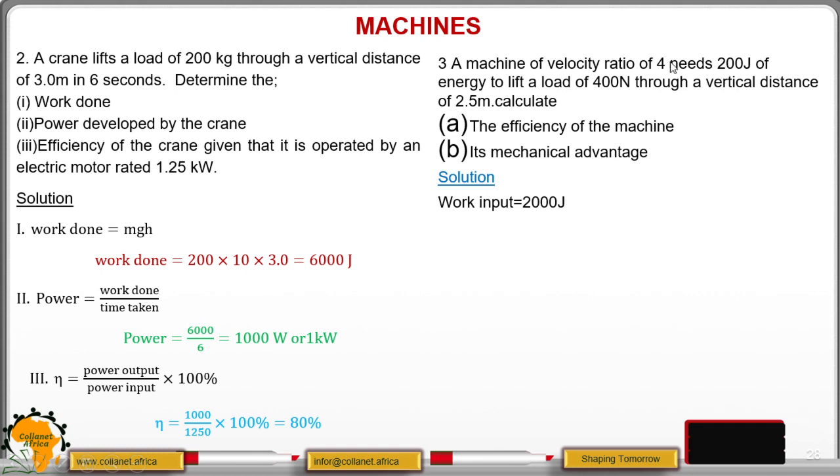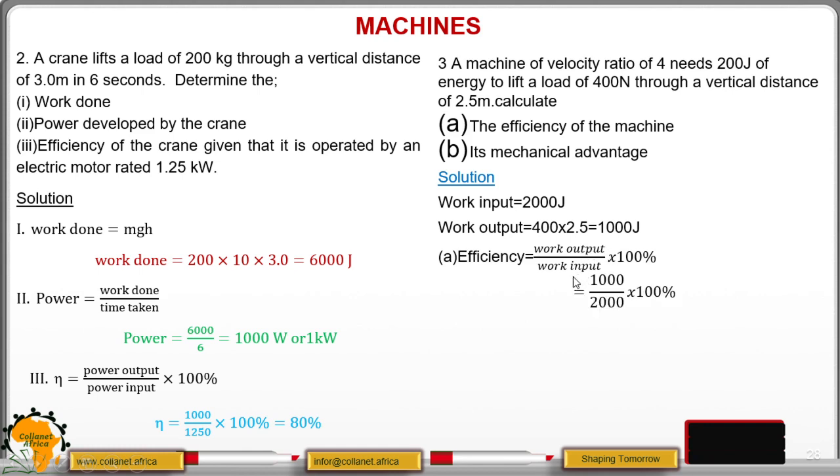Work input is this one, 2,000 joules. Then the work output will be 400 times 2.5, you get 1,000 joules. Then the efficiency is always given by work output over work input. So it is 1,000 divided by 2,000 times 100. You get that it is 50%.